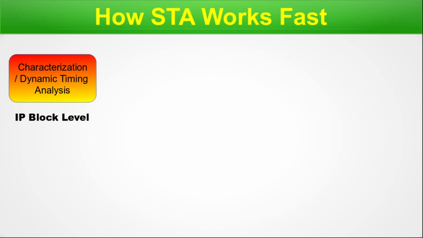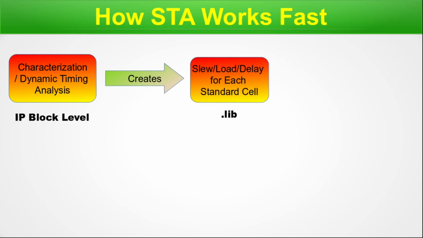However, this may take more than a month also if there is some shortage of the tool license. So you have just got an idea how much time it takes for the characterization data to get generated. Now this creates the slew, load and delay for each standard cell, that is .lib.